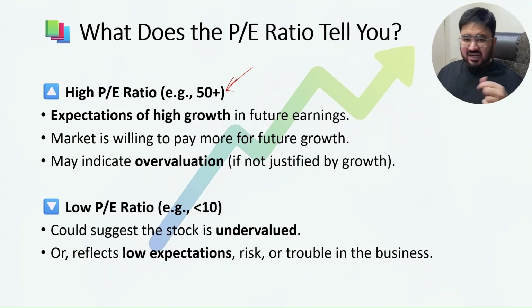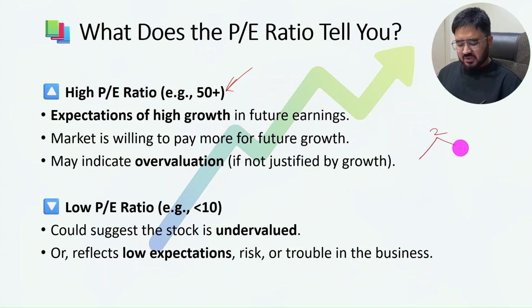So what does a high PE ratio tell you? First of all, I will tell you what is meant by high. Let's suppose you got to know that it's high. The high PE ratio tells you two things.